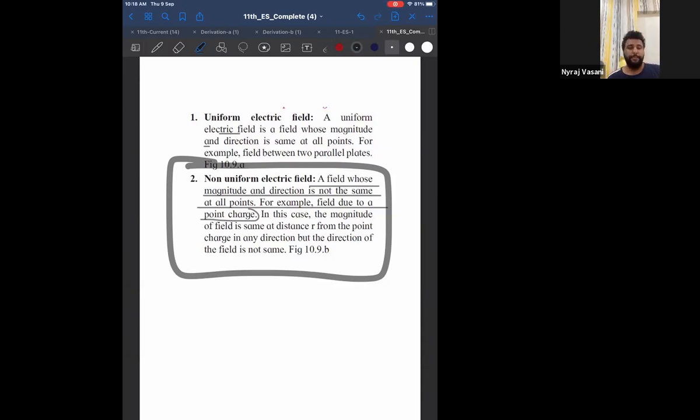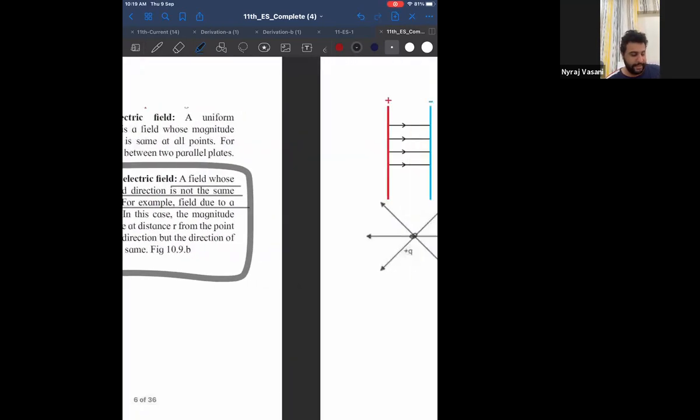Once you finish writing non-uniform electric field, please put a dot, because after that you will have to draw the diagram. Okay, finished. And this is the diagram for non-uniform electric field.